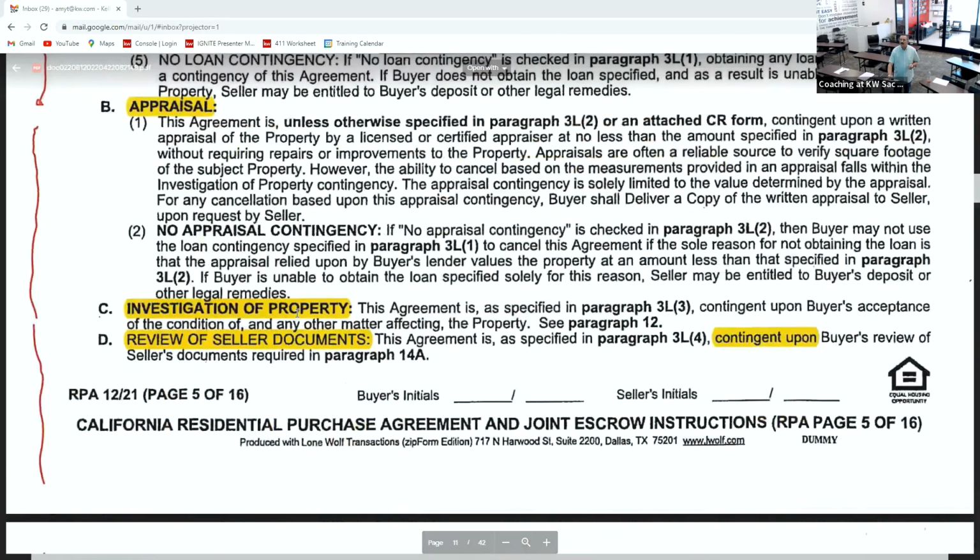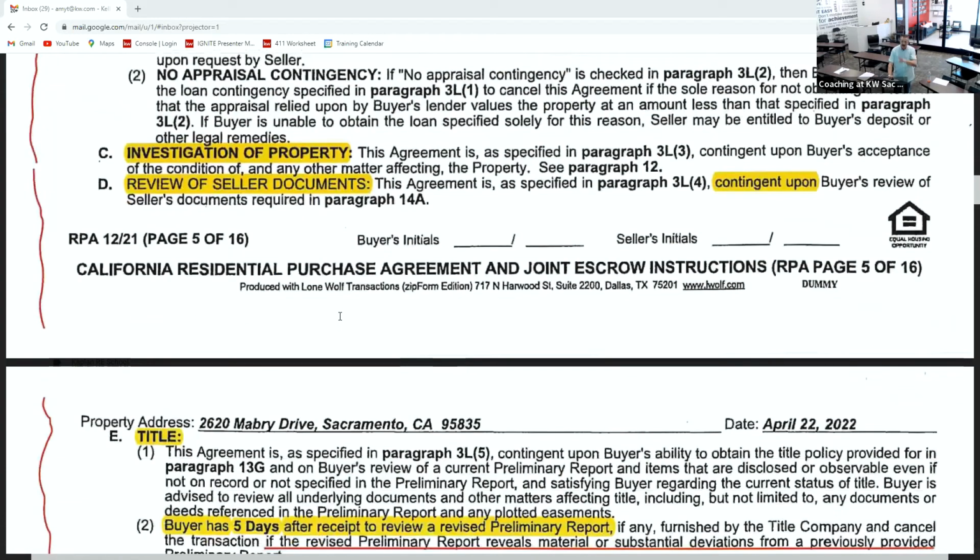Let's see. We already talked about investigation of the property. So what's happening in this part of the new contract is all of these headers are referring back to that grid that you filled out in the beginning, specifying the detail of what it means and referring back to that section.